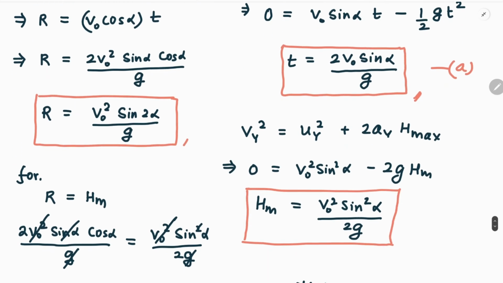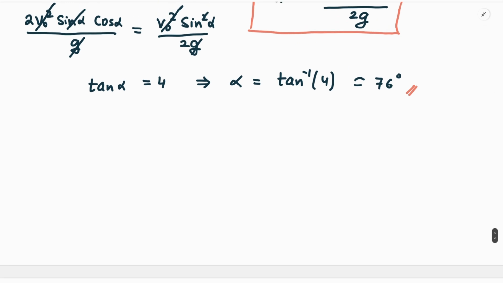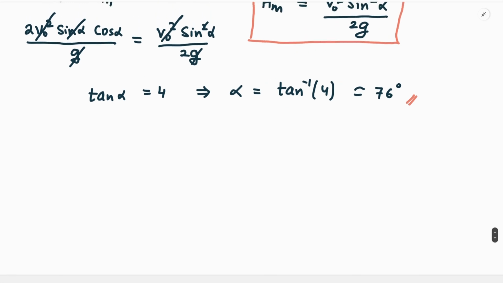So for writing the equation of trajectory, the first need is that the equation is independent of time. We are considering the equation of trajectory.